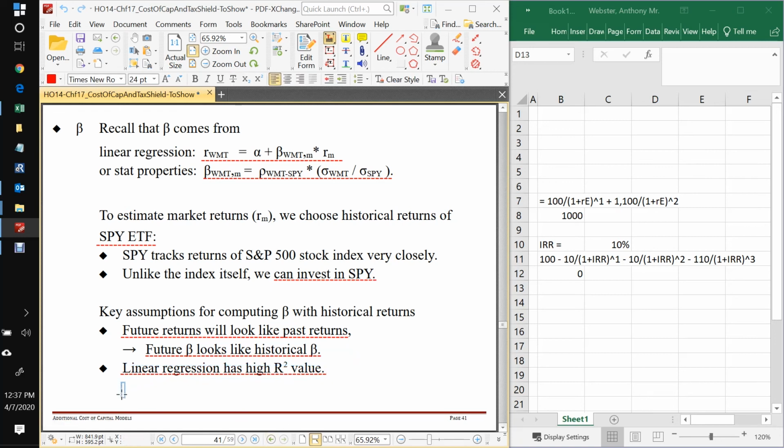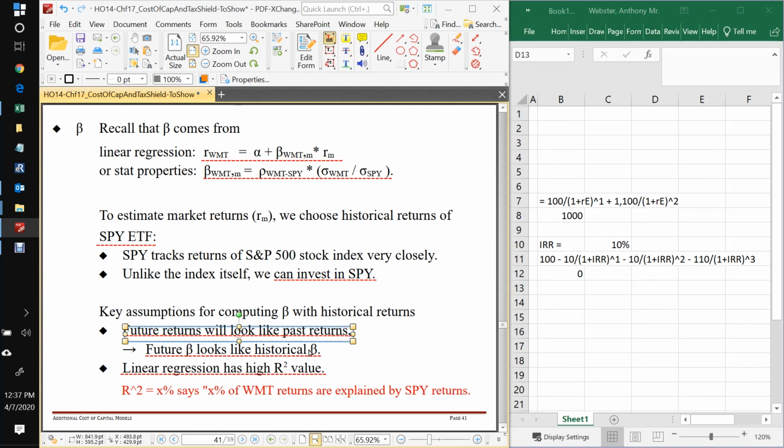The R-squared equals X% says X% of WMT returns are explained by SPY returns. Okay, so that's going to be important for us.